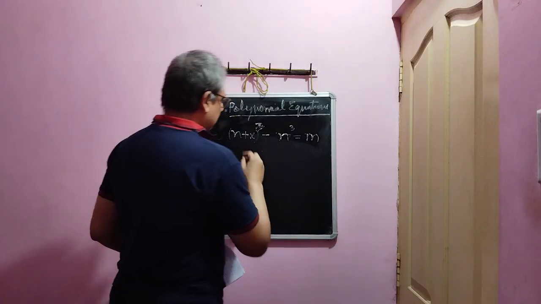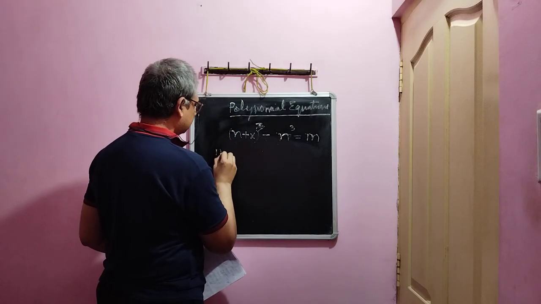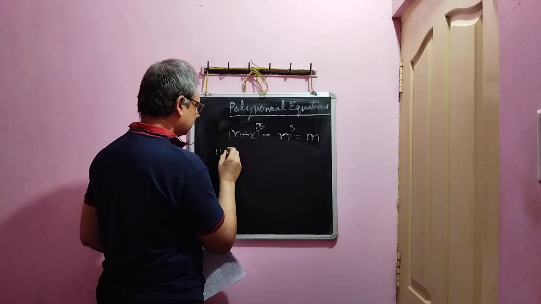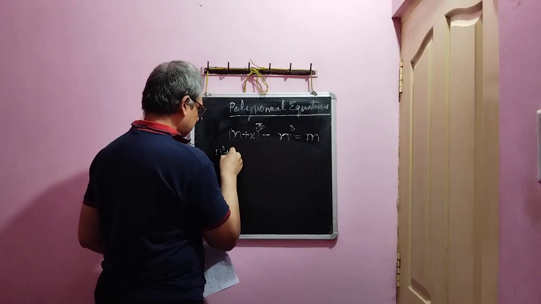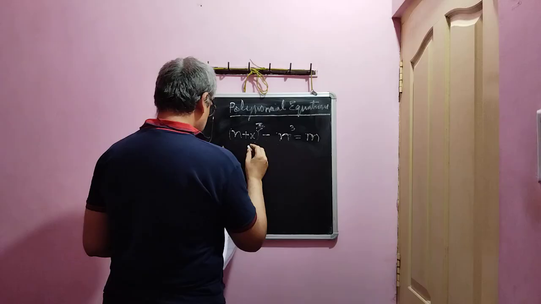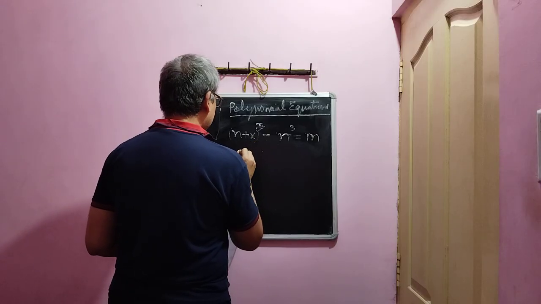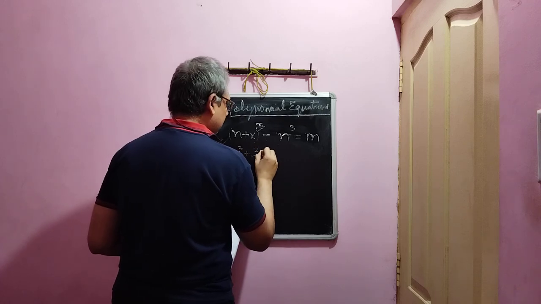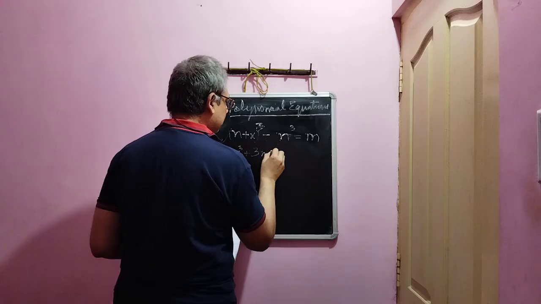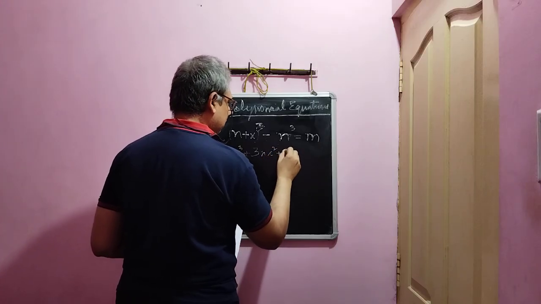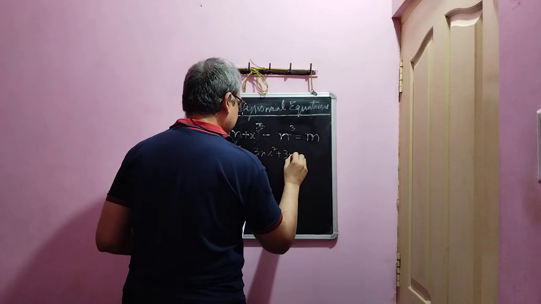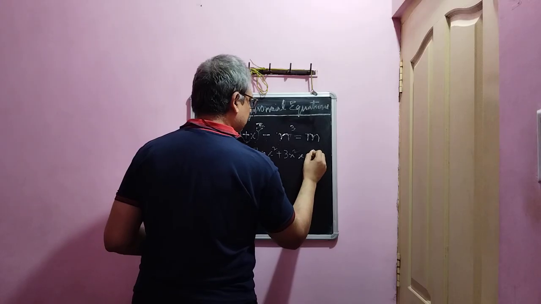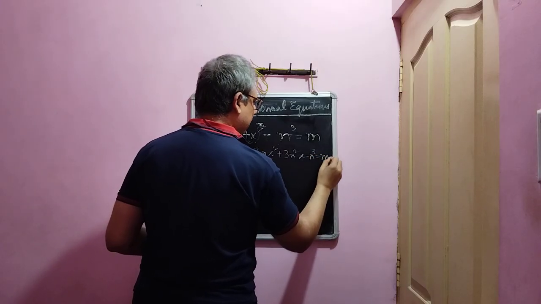Okay. If I expand this, I'll have n cube plus x cube plus 3n x square plus 3n square x minus n cube is equal to m.